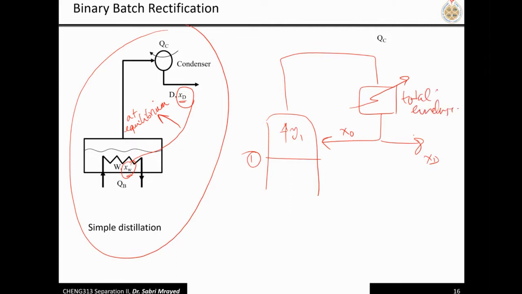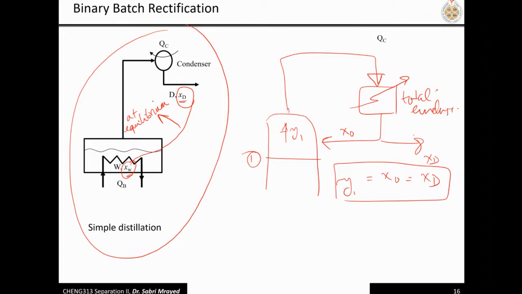We said y1 is equal to x0 is equal to xD. Is that true? Is this claim okay, y1 equals x0 equals xD, when we have total condensation?